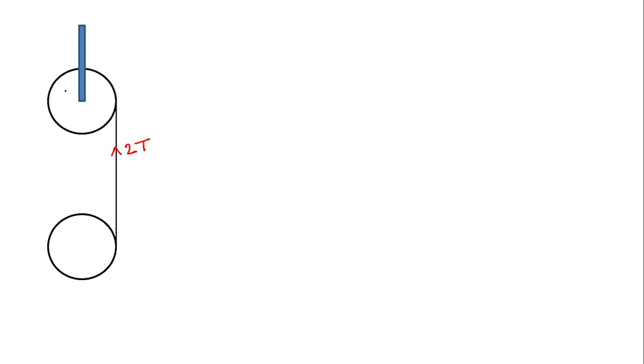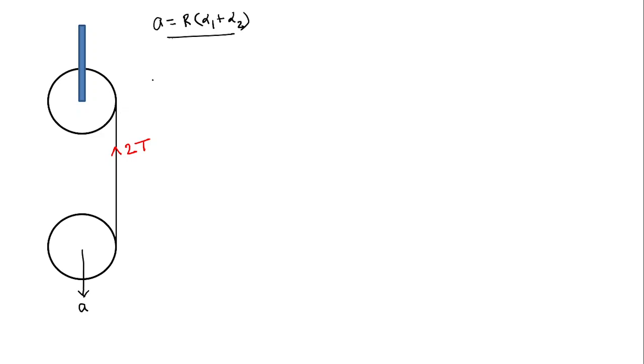If you see only the upper part, we have already got in the previous equation that if its acceleration is A downward, it is R times alpha 1 plus alpha 2. This you need to remember as we have already derived it.